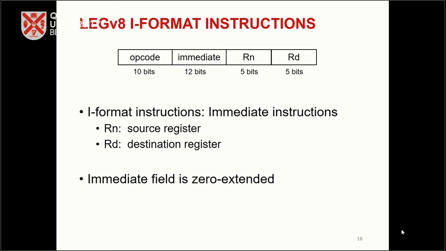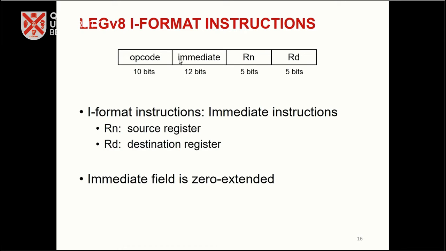So in this case, we have the same as before. We have an operation code, but notice that here, instead of using 11 bits for the operation code, we are using 10 bits. Then we have the immediate value. Remember yesterday we were adding register 9 plus number 4.